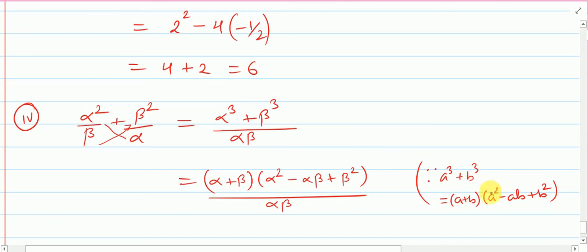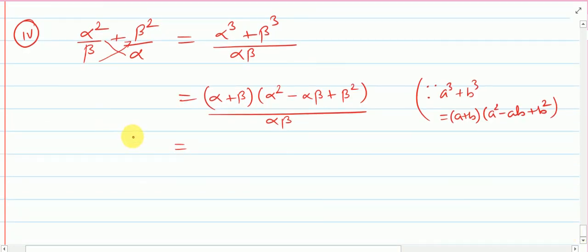Using this identity I have been able to write this. Now for alpha plus beta I can write 2, and for alpha into beta I can write minus half.